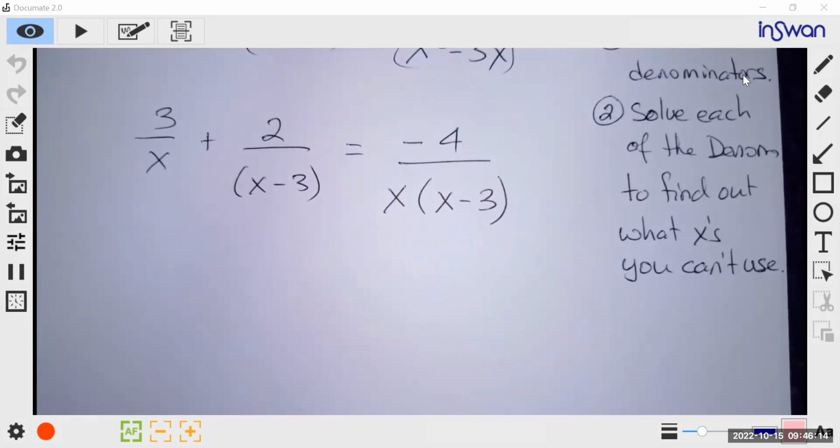Solve each of the denominators to find out what x is. Why is that? Why do I want to solve? And then how can that be the ones I don't want?